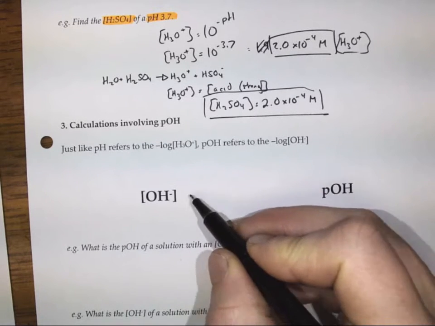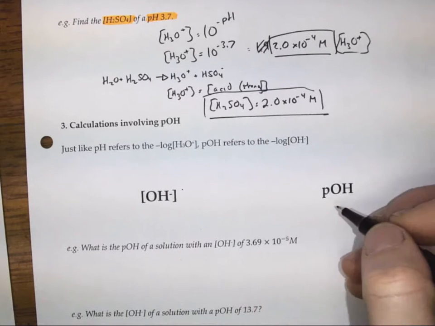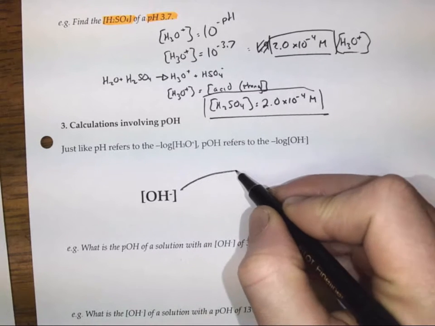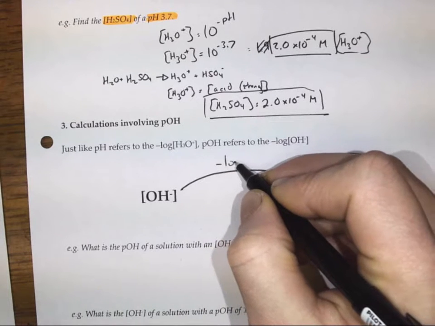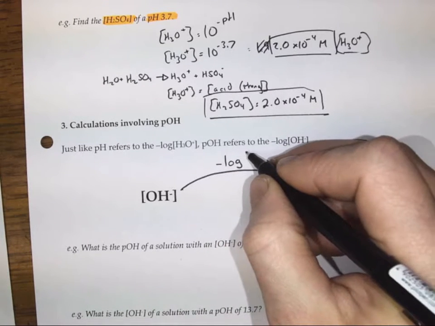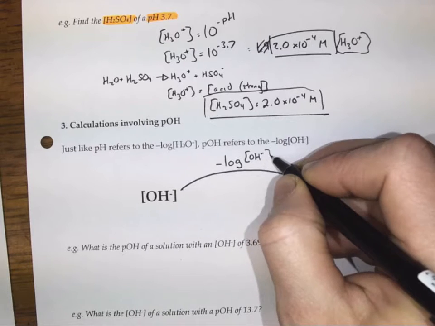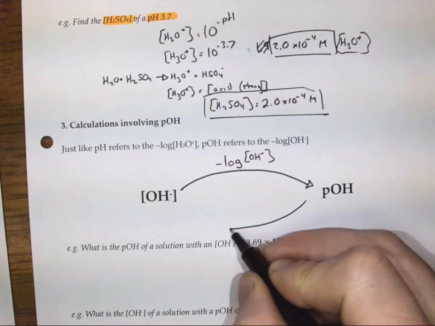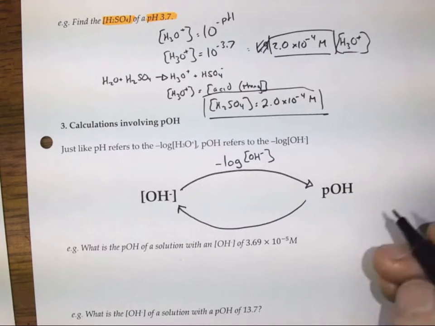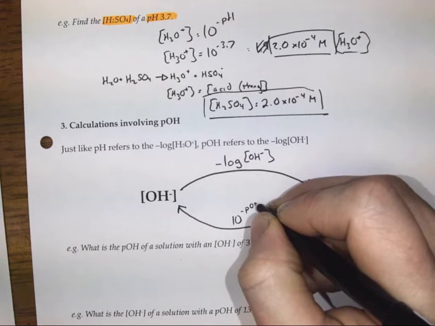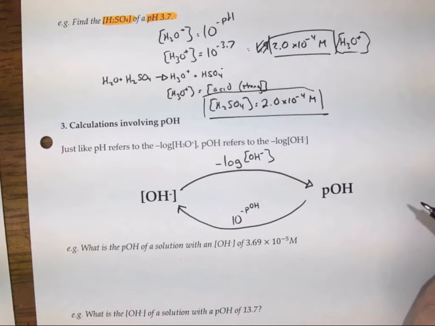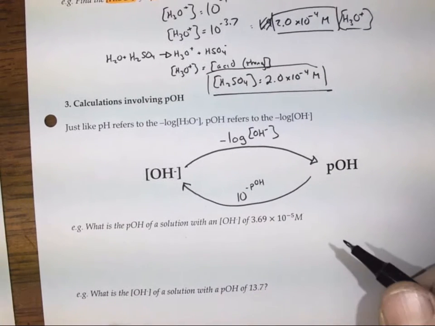So in a very similar way, to find a pOH, we really just take a hydroxide concentration and we just take the negative logarithm of it. And to return backwards to our hydroxide, we're going to take 10 to the power of the negative value of our pOH. Okay, so let's see how pOH works.